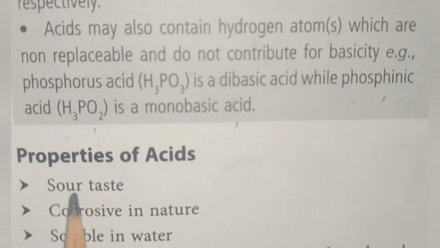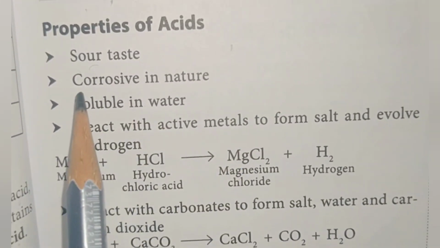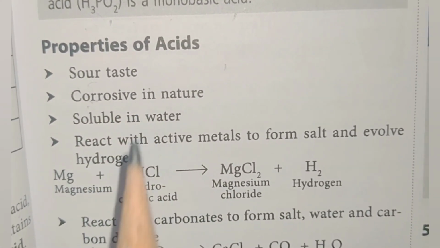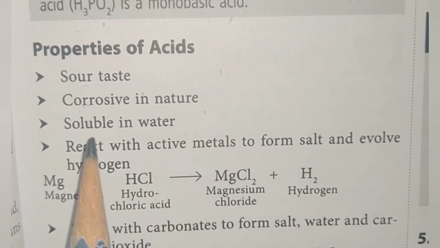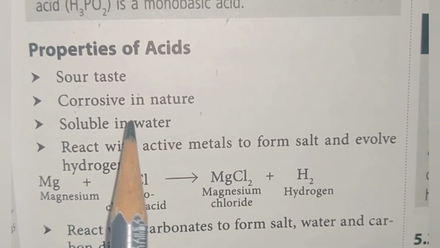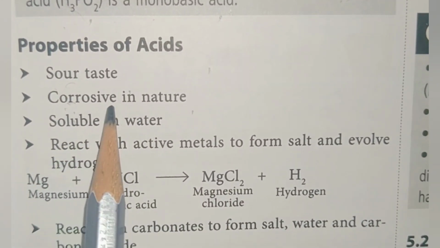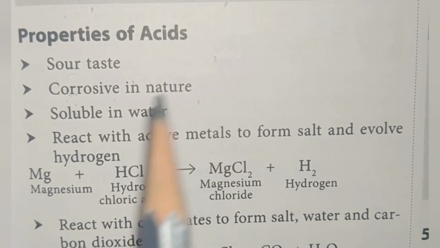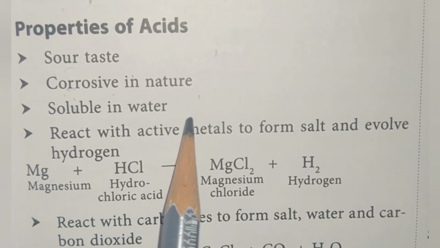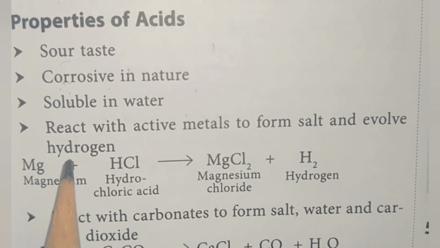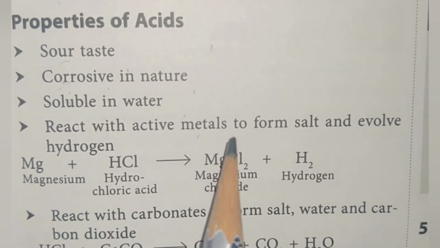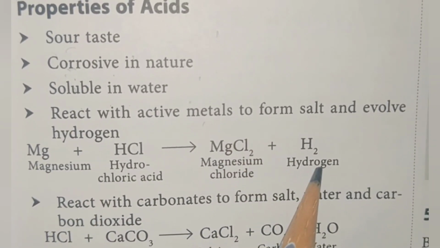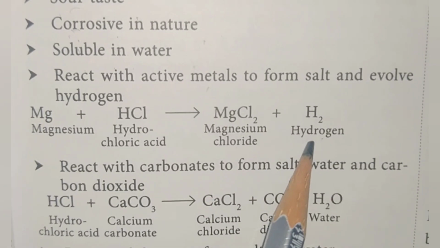Now, properties of acids. Acids are sour in taste, corrosive in nature. Corrosive in nature means it causes burns on skin. Acids are soluble in water. When they react with metals, they evolve hydrogen gas and salt formation takes place.